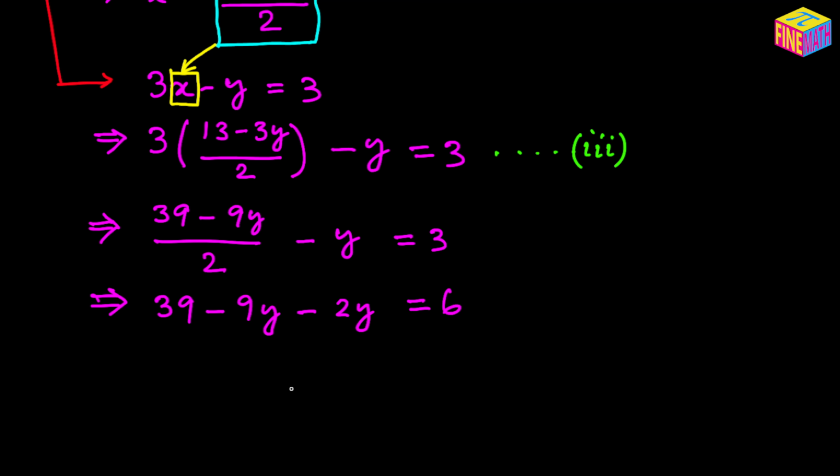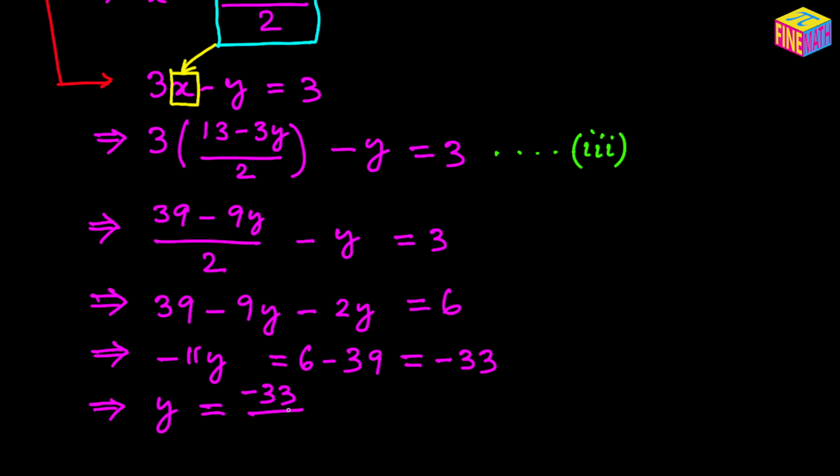Then we keep the y terms on the left hand side, so negative 9y and negative 2y is negative 11y. Negative 11y is equal to 6 minus 39, which is negative 33. So y is equal to negative 33 divided by negative 11, which is 3. So we have found the first value, which is y equals 3.